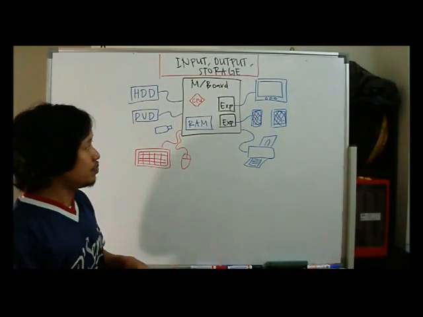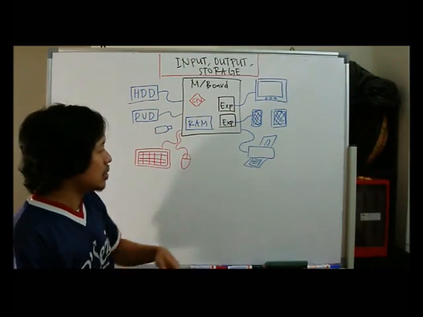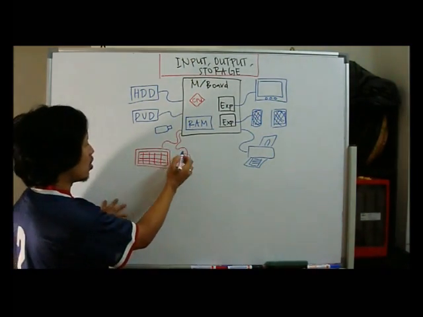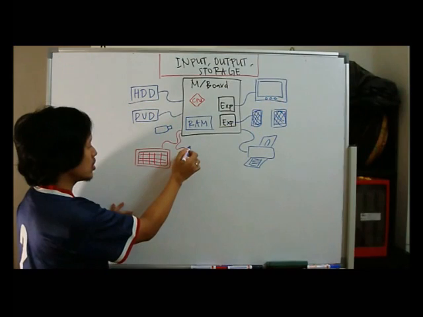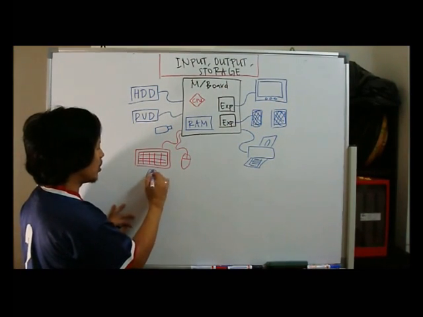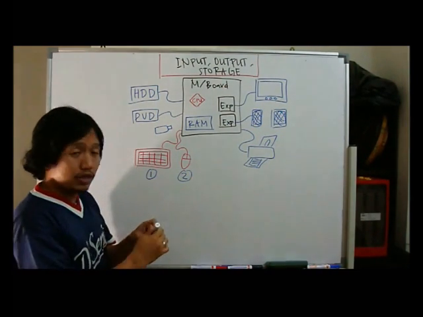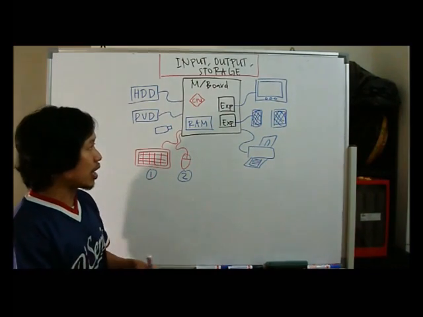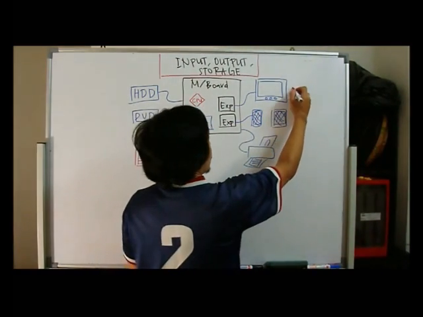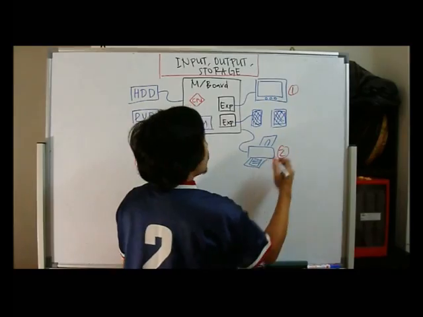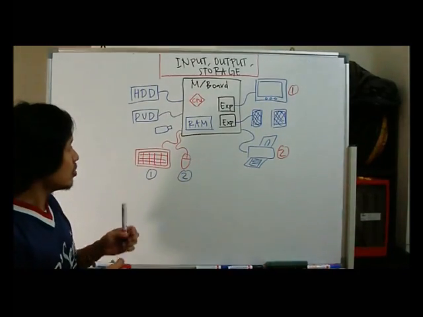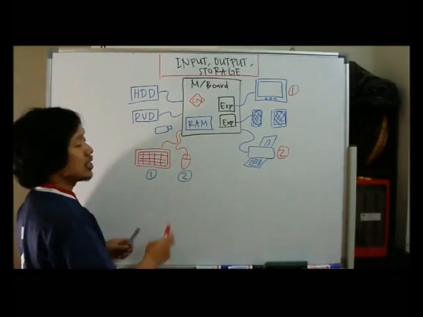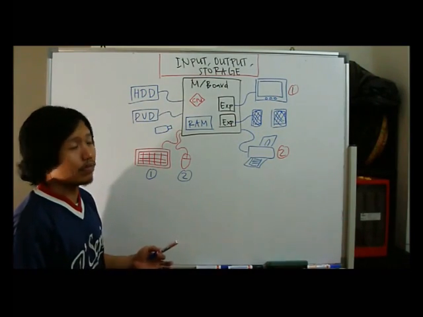But first, before we go on to all of these devices, we are going to focus on these two things, 1 and 2, input devices. Then we'll have a look at these two things, 1 and 2, output devices. Then we'll have a look at all of these things called storage.